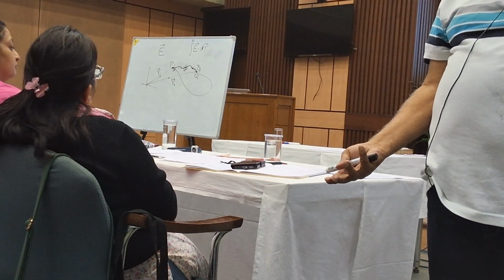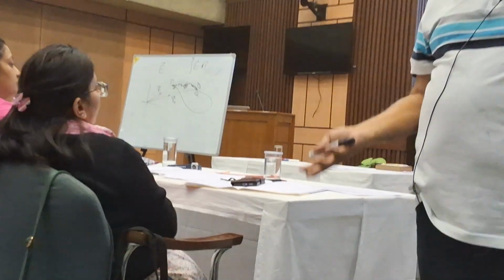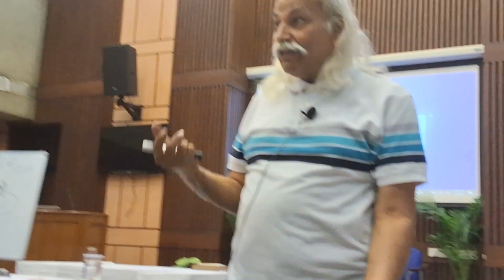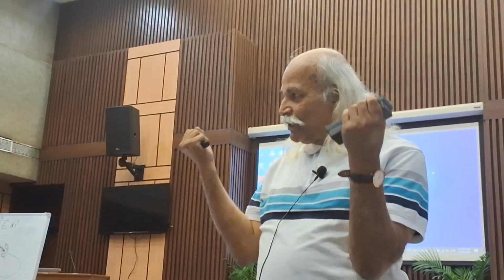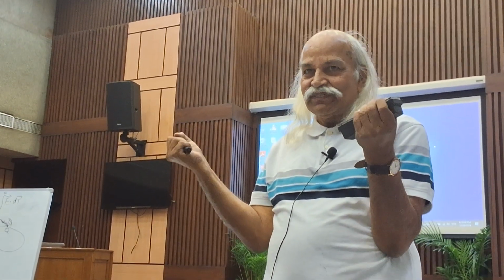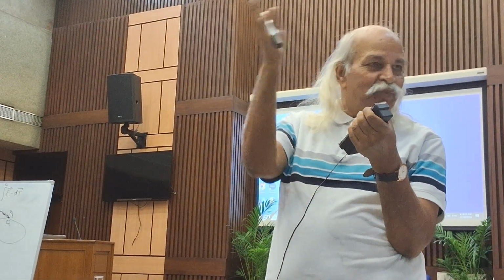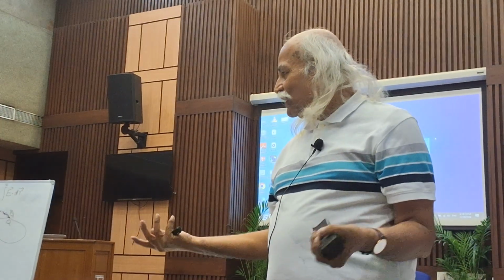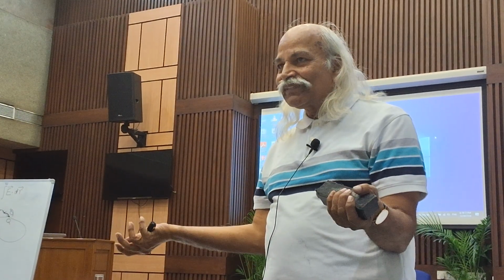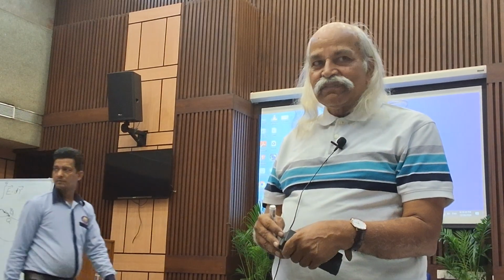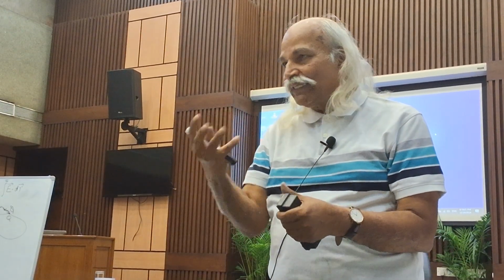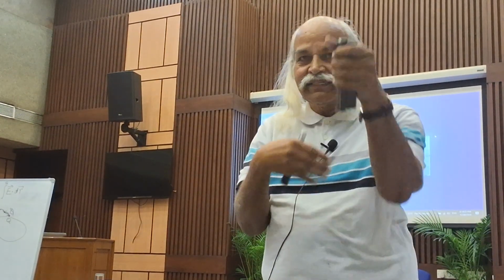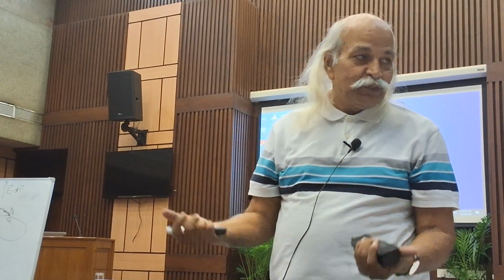You integrate and you find the same value. Once P and Q are not disturbed, then no matter what path you are taking, this integration all the time comes the same. So it's a very interesting property, an interesting quantity, this E dot dr integration, and useful too.